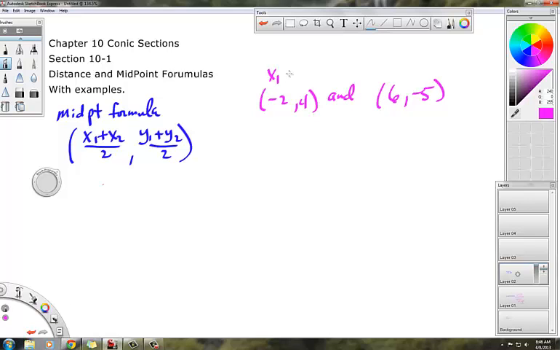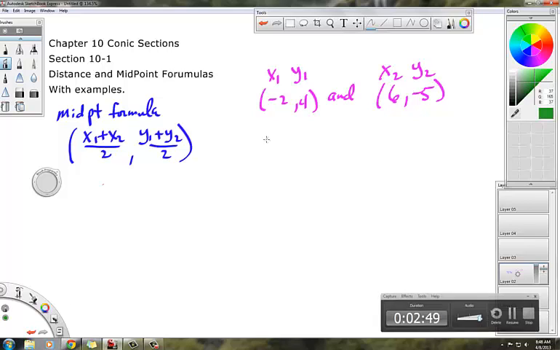Okay, we'll call this x1, y1, x2, y2. And this is the midpoint formula now. You remember, the answer to this one after you plug them in there will be a point. So it won't be a distance. It'll just be a point between 2 lines. Again, I'm going to pause the video and you try this.